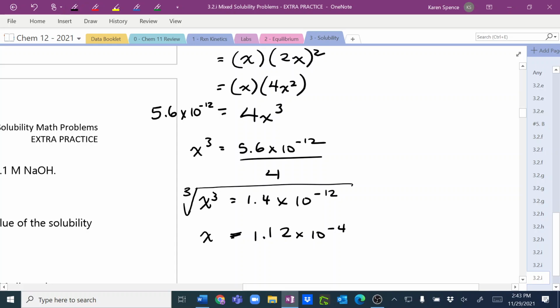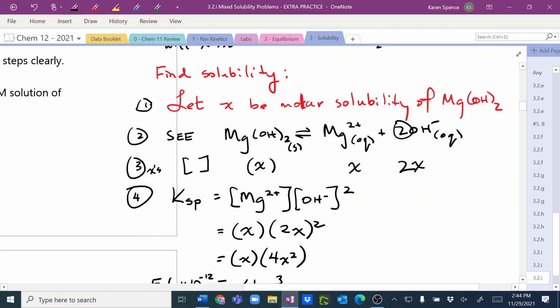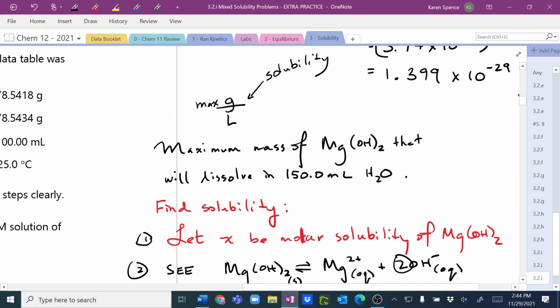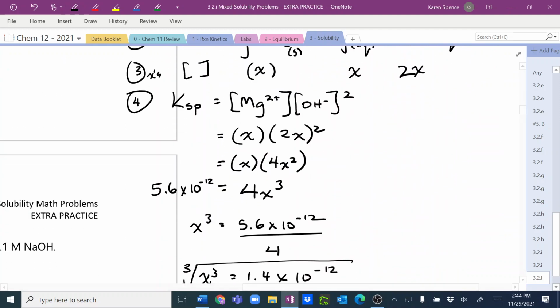In fact, I'm going to write it as 1.118 because we are not done yet, because that is the concentration of Mg(OH)2. But that's not what we were asked for. We were asked for the mass that will dissolve in 150 milliliters.